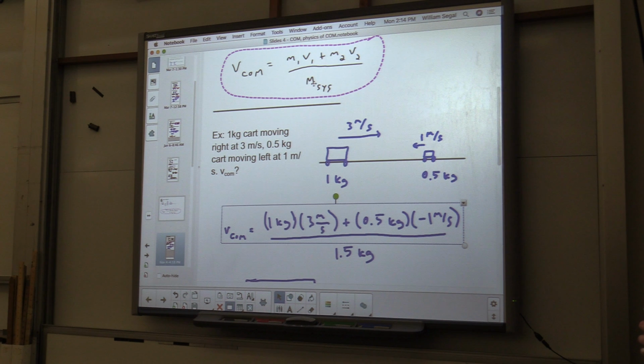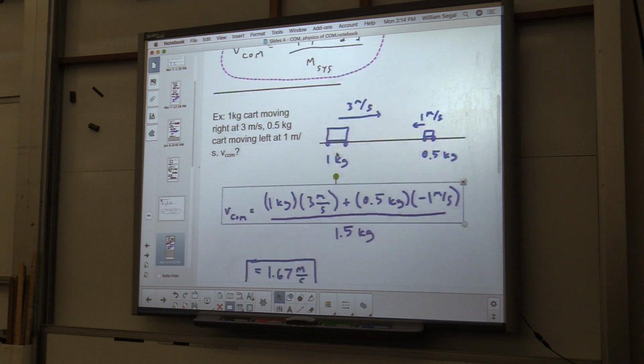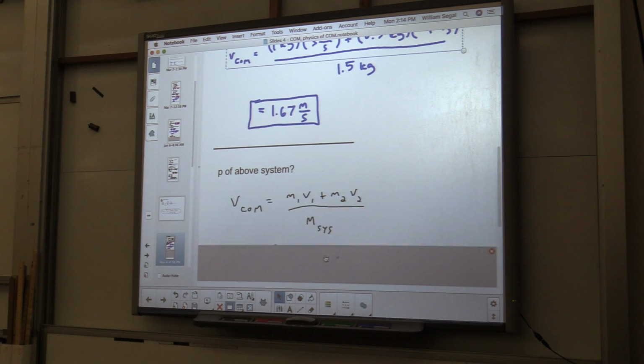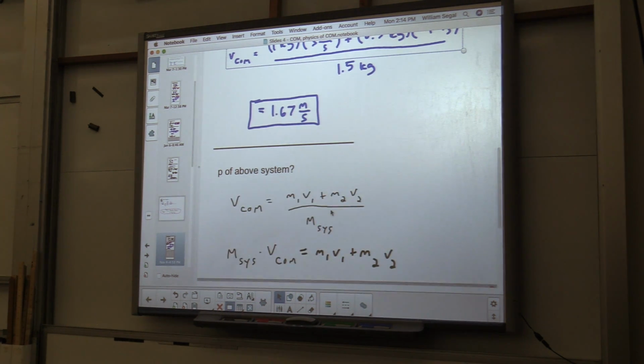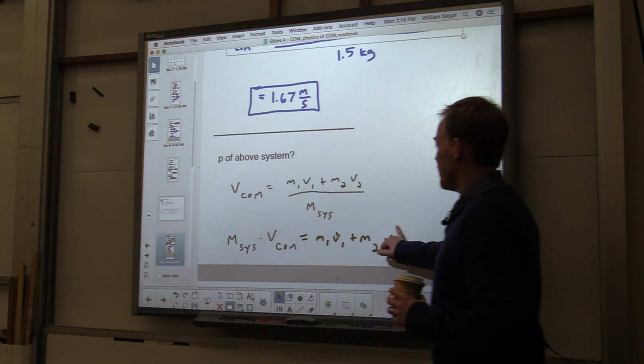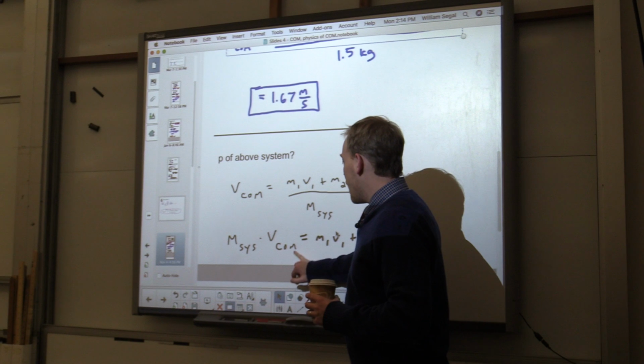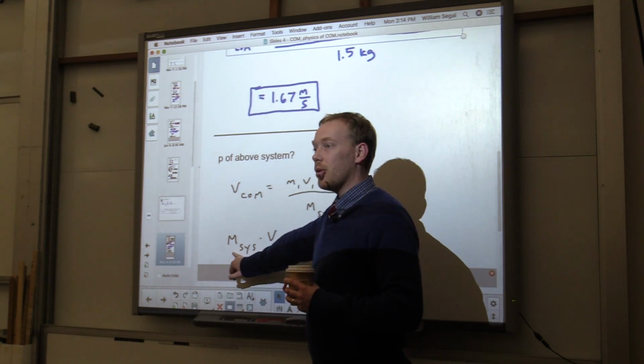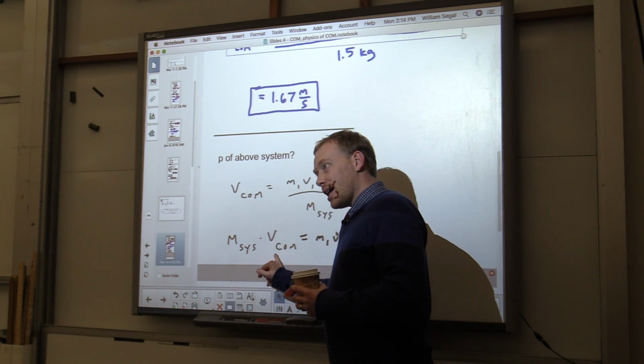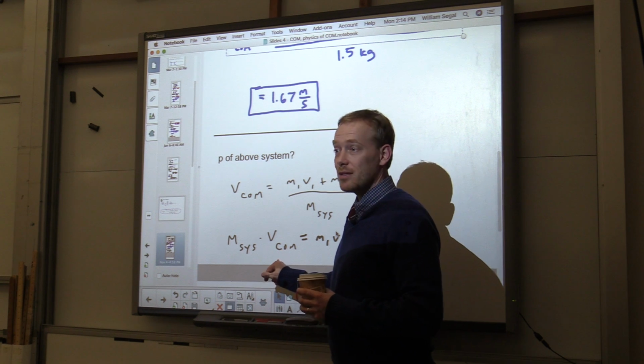What other expression gives the momentum of the system? I didn't ask that very clearly, but check it out. This is the momentum of the system. If you take the mass of the system and multiply it by what velocity, you get the momentum of the system.